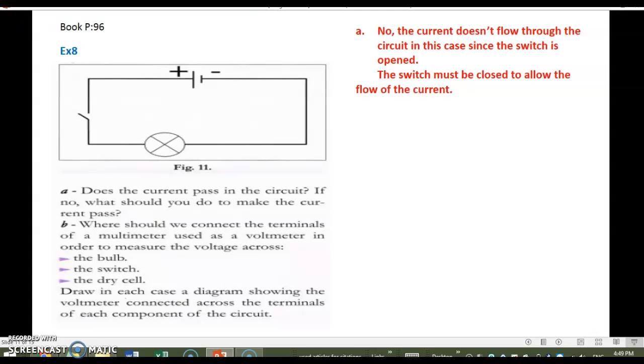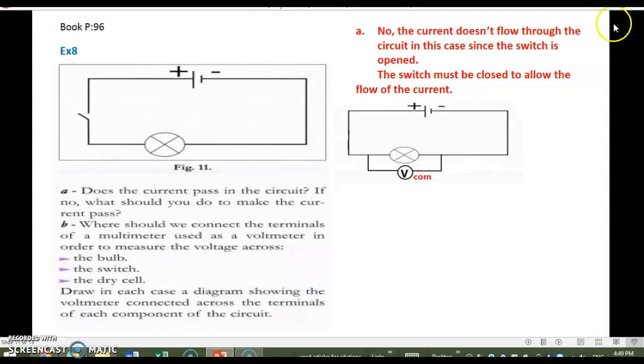Where should we connect the terminals of a multimeter used as a voltmeter in order to measure the voltage across the bulb? When you're asked to show the representation of the connection of a voltmeter without specifying whether we want to obtain a positive reading or a negative reading, this means that you have to represent it in a way that indicates a positive reading. Otherwise, you must be told that we need to obtain a negative reading.